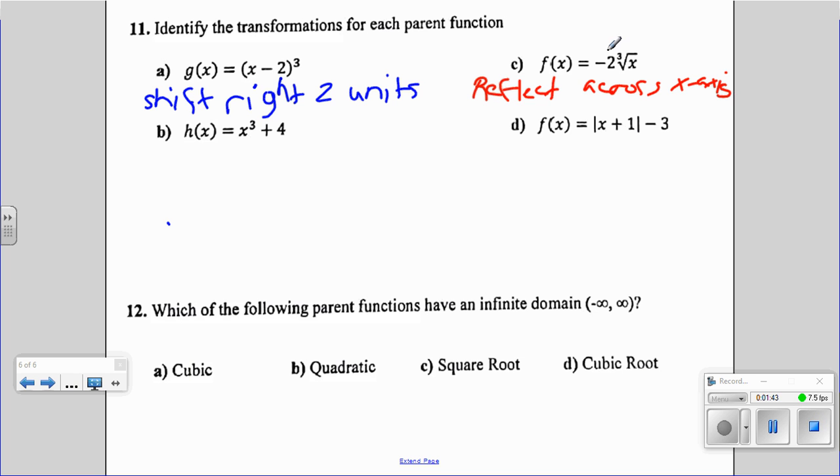And then we also have a 2 being multiplied to the symbol. So that 2 is going to cause it to vertically stretch by 2. So again, reflect across the x-axis and vertically stretch by 2.